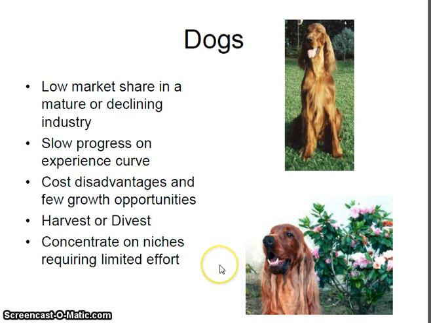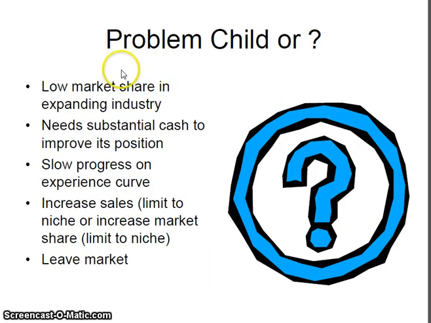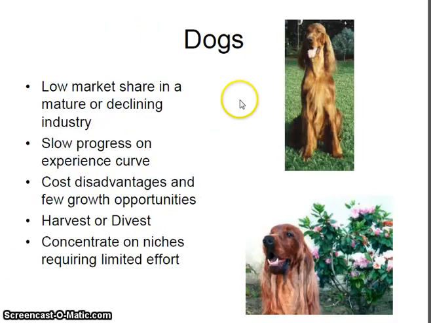That is the problem child. The content given here under problem child is actually for dogs. So that is a small mistake. The points given here are for dogs, and the points given here are for the problem child or question mark.